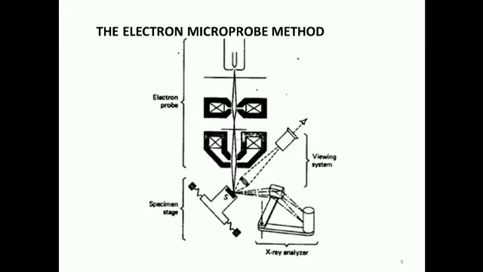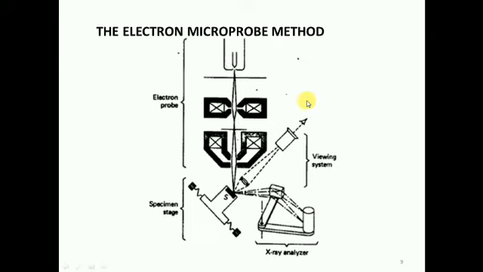Electron microprobe method. In the electron microprobe method, X-ray emission is stimulated on the surface of the sample by a narrow or focused beam of electrons. This is the beam of the electron.